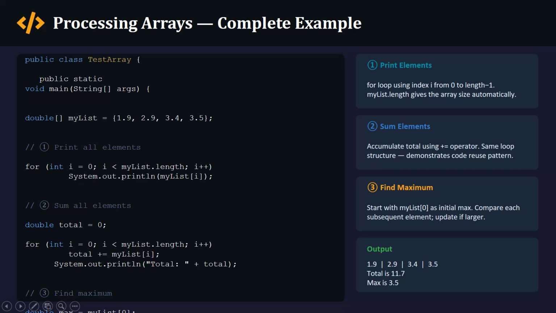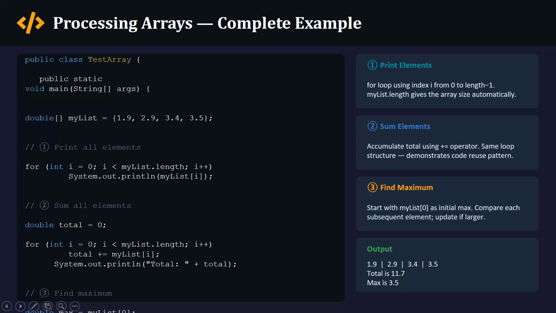So out of 4, we say myList.length, so that I don't even have to specify it. Or you can say here i is less than 4, because we have 4 elements. Then i plus plus to increment. Then you get the list while incrementing the values.